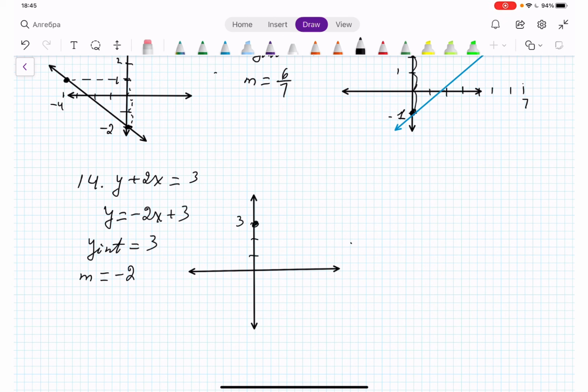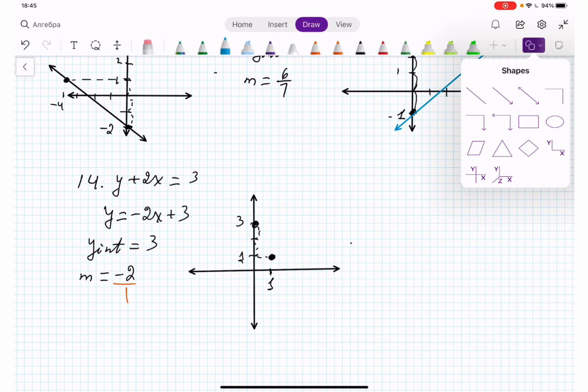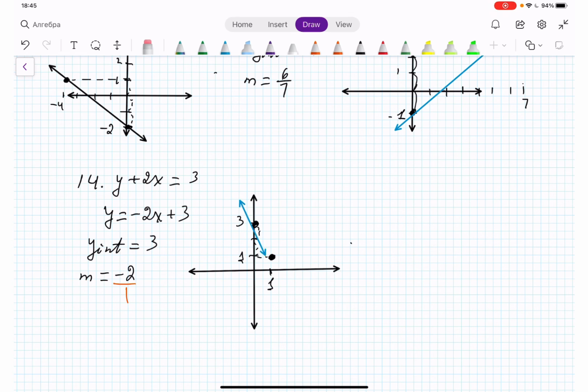This is the first point, and m is -2. -2 meaning -2 over 1, which means I'm going from there down by 2 and over by 1, so it came down to 1, and go to +1 there. So my graph is going to look like this.